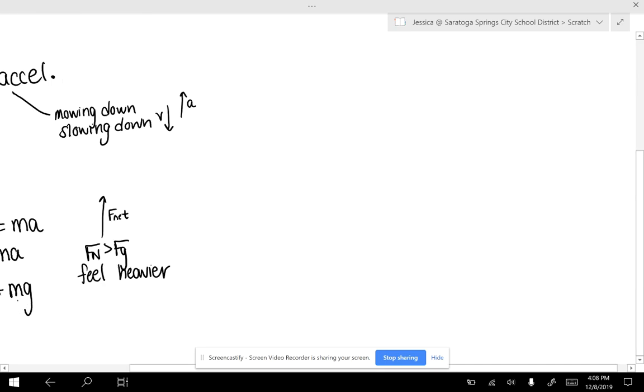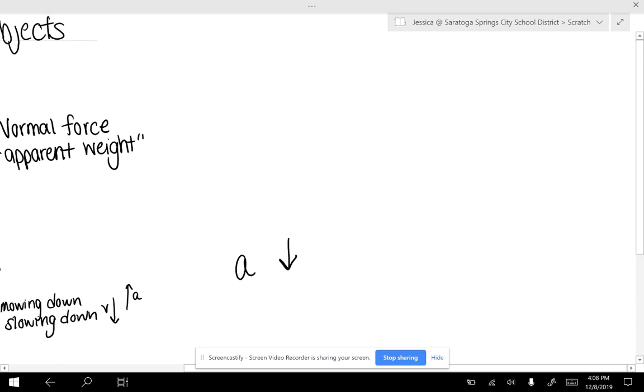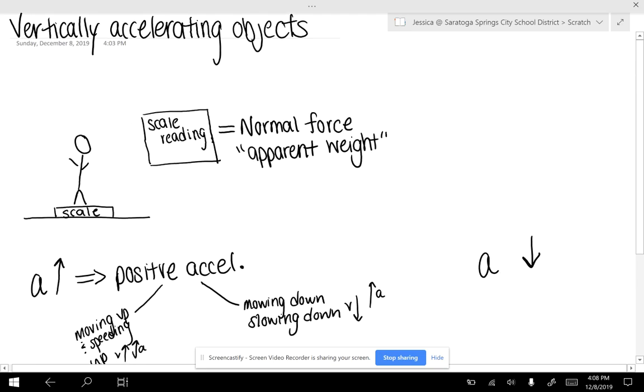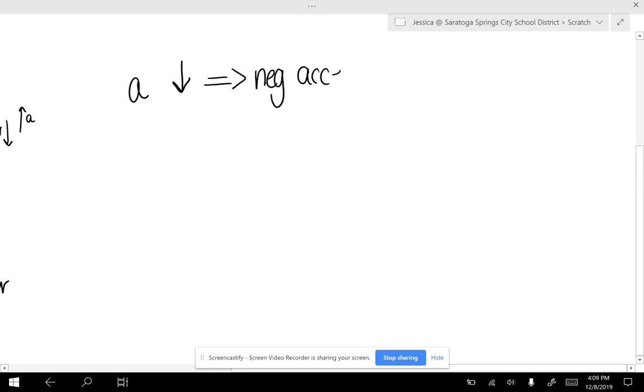Okay. So now let's talk about if we are accelerating downwards. Again, we're still talking about this guy on an elevator on a scale. If we are accelerating downwards, this would be considered a negative acceleration if we're considering down to be negative. This can happen in two ways.